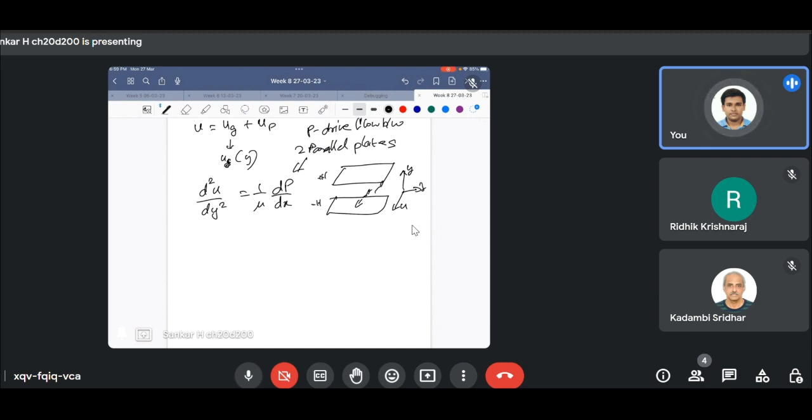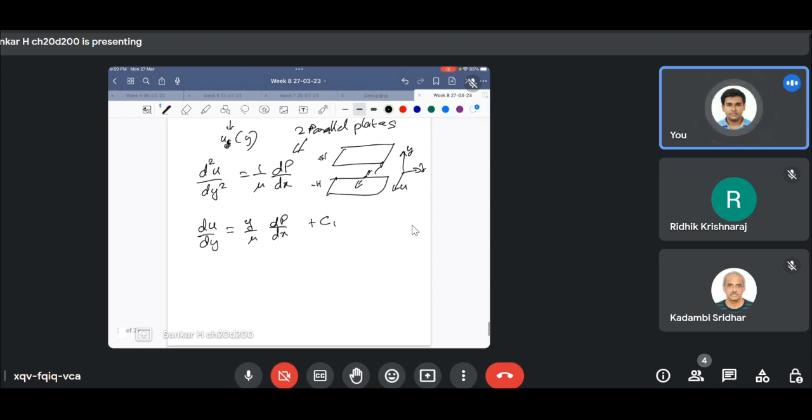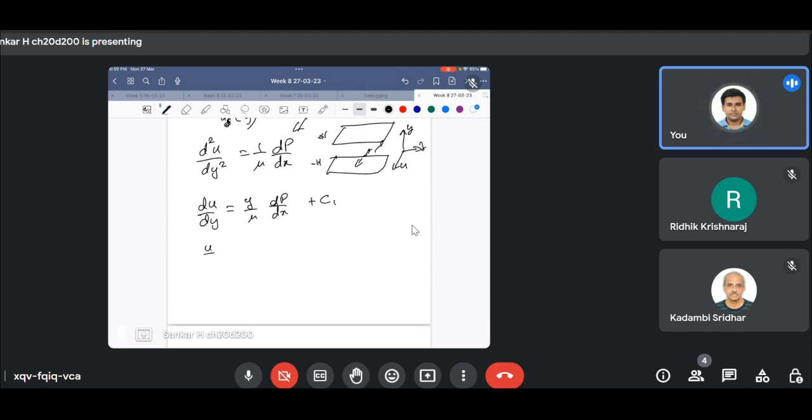Therefore we can solve this equation by integrating once: du by dy equals y by mu dp by dx plus c1. Integrating this expression again, I'll get u is equal to y square by 2 mu dp by dx plus c1y plus c2.